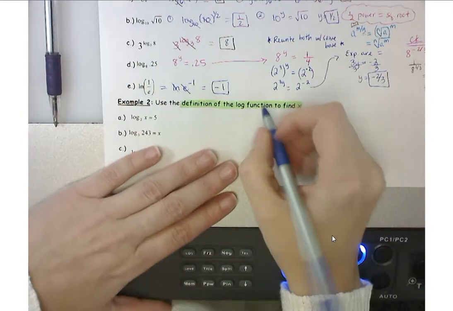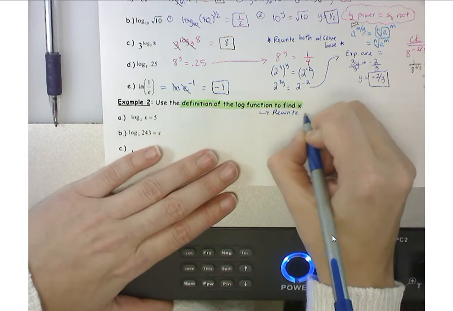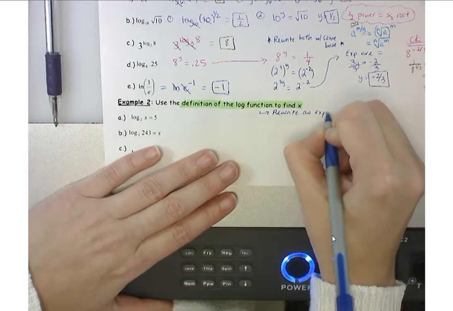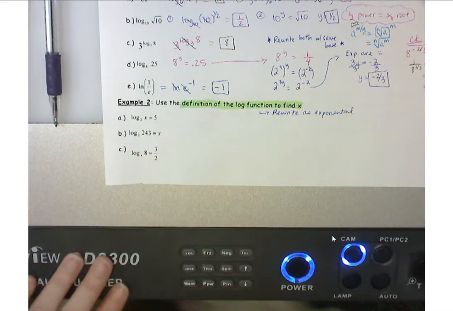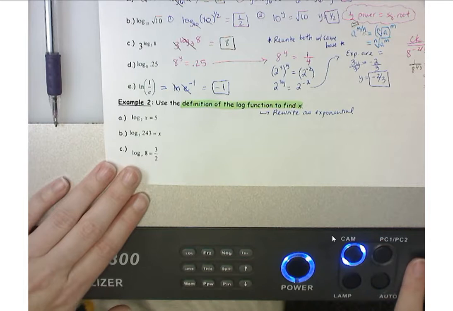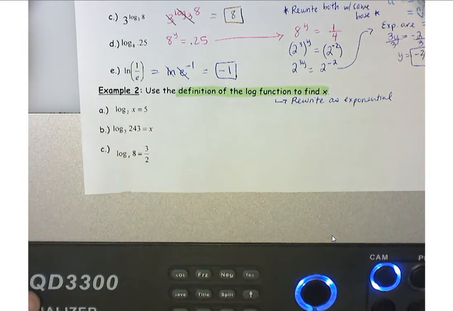Exponential. So when it says that you're using the definition, you're going to be rewriting as an exponential function. All right, so go ahead and write your equations for A, B, and C. Okay, so do that first and then go back and then solve them if you can.